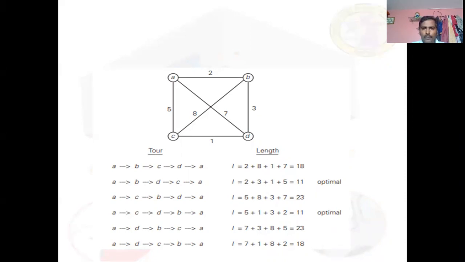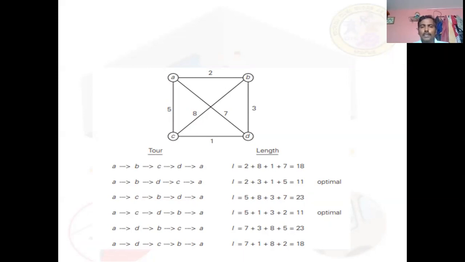To be more precise, what I call a graph is nothing but a collection of finite, non-empty set of vertices. Finite means countable, because A, B, C, D, I can count. I can say there are four vertices. Non-empty means it's not empty.